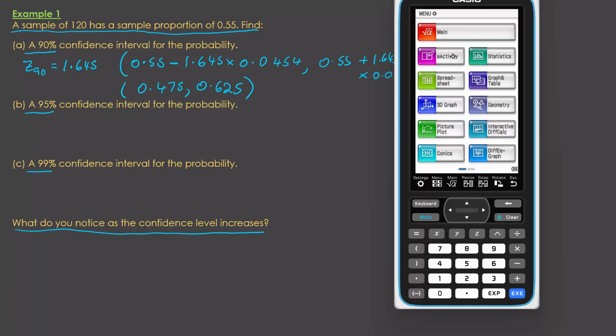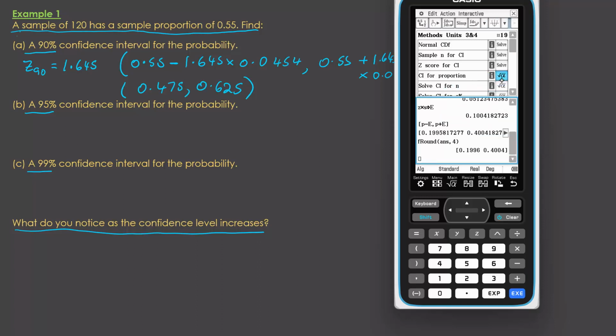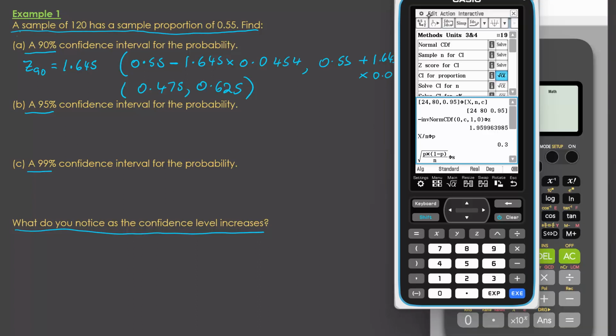We can also do this using the E-activity and confidence interval for proportion. If we look at the information at the top though, it's not quite set up for us. So what we really need to do is work out how many things were in this sample to give us a proportion of 0.55.